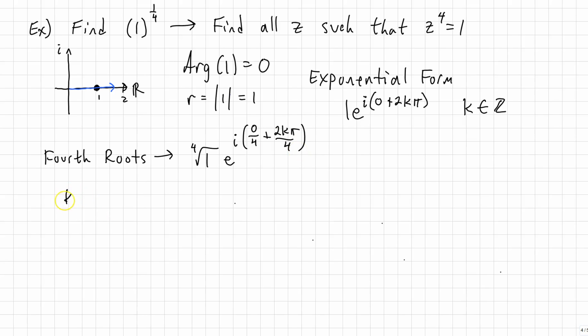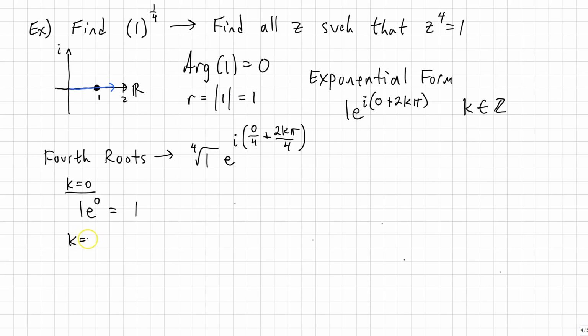So let's start with k equals 0. Well, the fourth root of 1 is just 1. If you plug in a 0 here, this is 0 plus 0 is 0. You just get 1e to the 0, which is just 1. And that's the root that we would recognize from the real number system. If I ask you for the fourth root of 1 prior to complex numbers, you would just say, well, it's 1. 1 to the fourth is 1, and there it is.